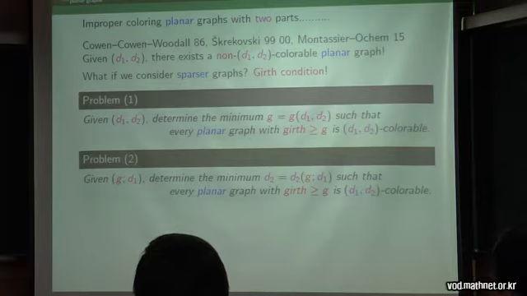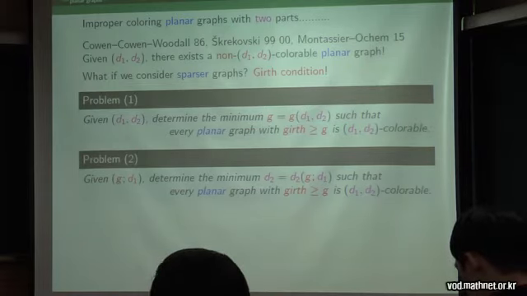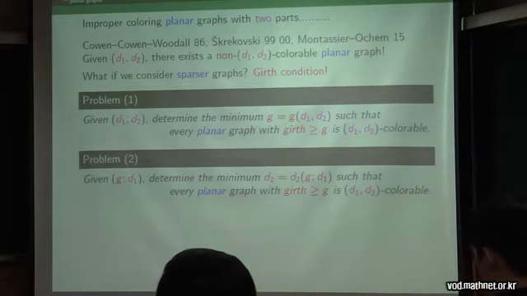The second question is kind of similar: you give me some prescribed girth and one number D1, and I try to figure out the minimum D2 such that every planar graph with girth at least the number you gave me is D1, D2 colorable. So D1 is something you gave me, and D2 is what I'll give back to you.